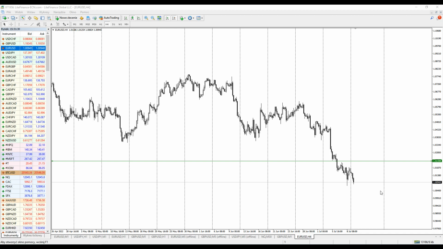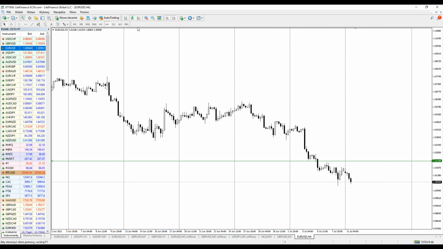I'm going lower to the 4-hour chart to check if there is something interesting from my perspective, and there is one more level where I would like to eventually start to build my grid. It is here, based on this break to the downside.